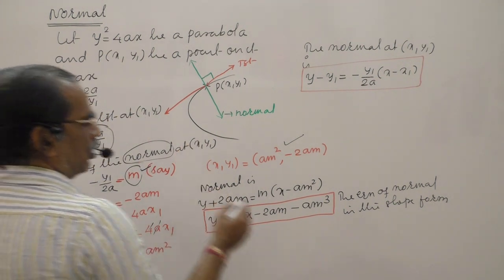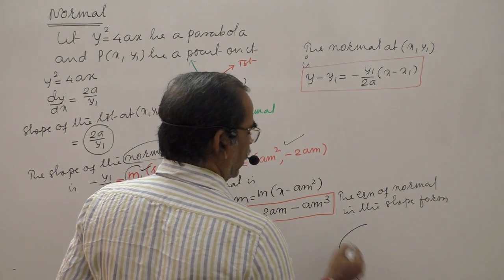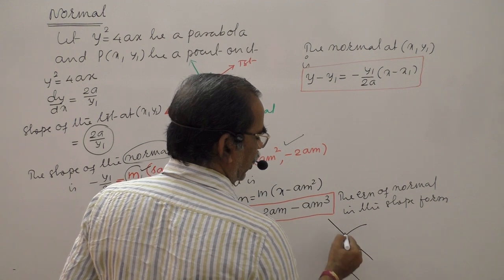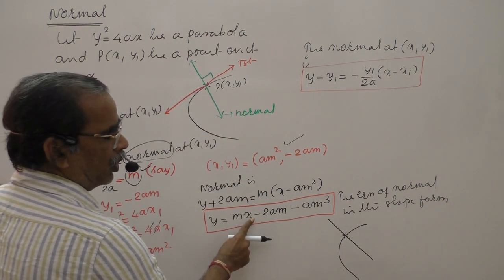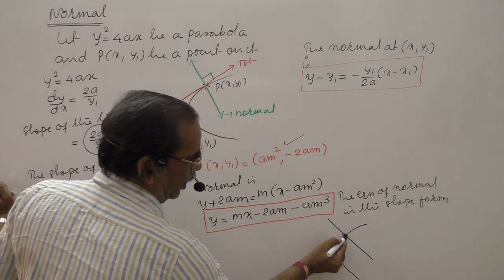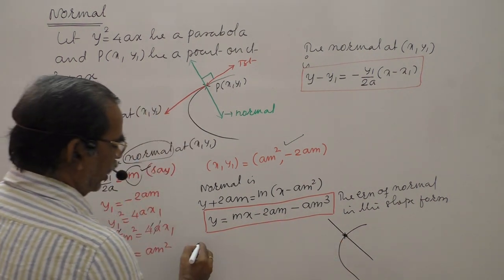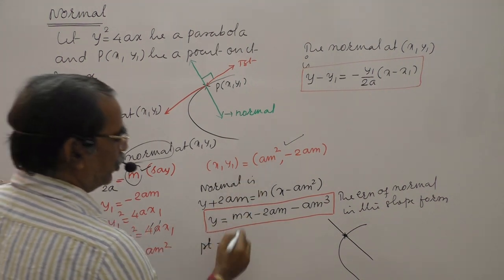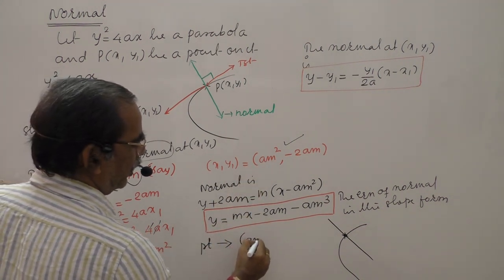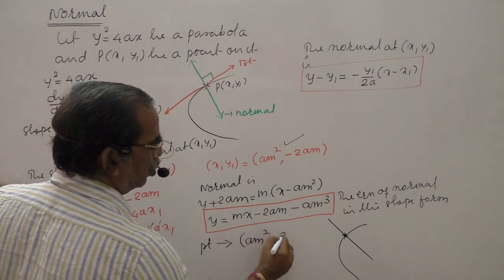The normal means it will be a line like this, perpendicular to the tangent. This line is the normal in the slope form, and it is normal at the point (am squared, minus 2am).